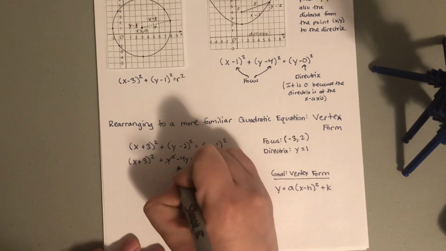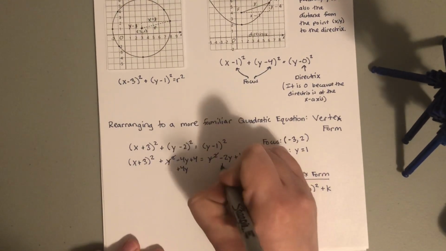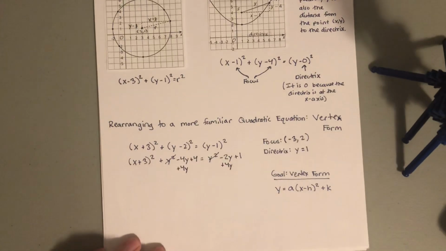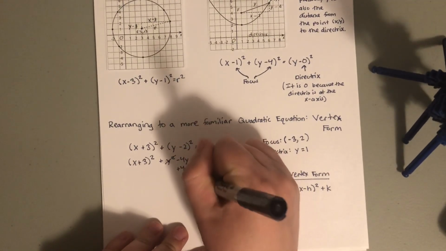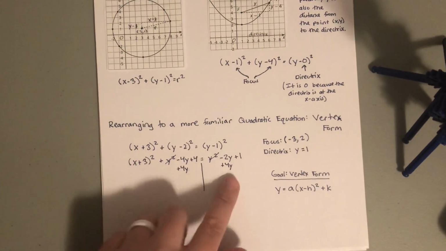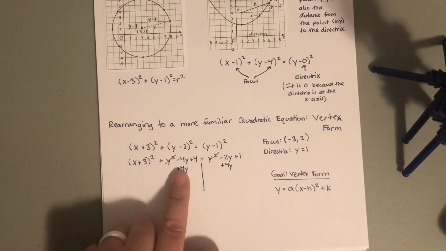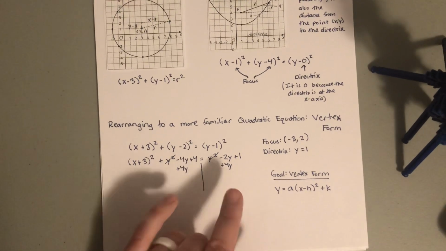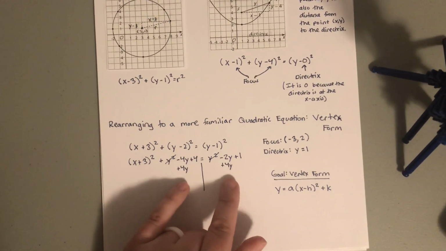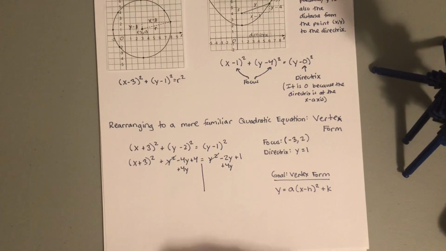So I'm going to add 4y and add 4y. Notice that I wrote them right underneath, and if I draw a line, I can see that I have two separate sides of my equation. If I add 4y over here, I also need to add 4y over there. And I wrote it right underneath the y terms on each side. That way I don't get confused about what I can add it to.